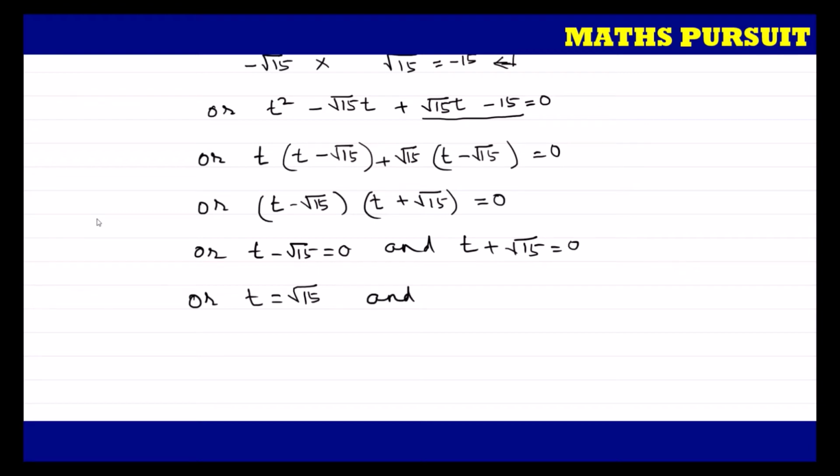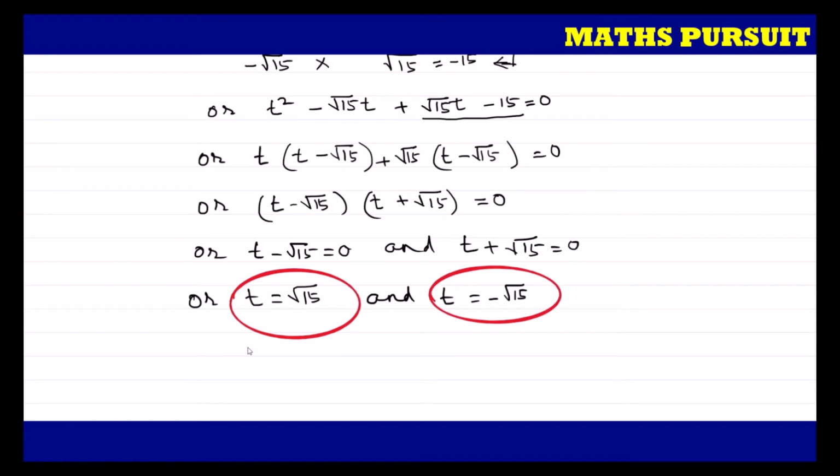And again I can write t is equal to minus root 15, moving plus root 15 from the left side to the right side. So guys, what did we get? We got the two values of t, or two zeros: t is equal to root 15 is one zero, and the other is t is equal to minus root 15.